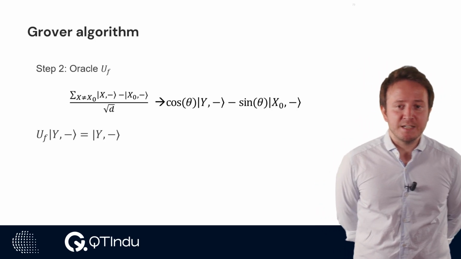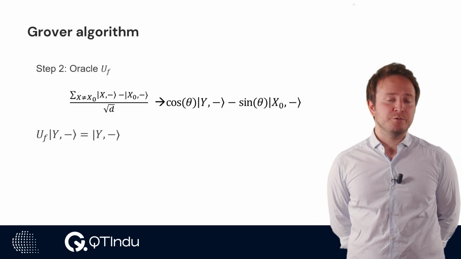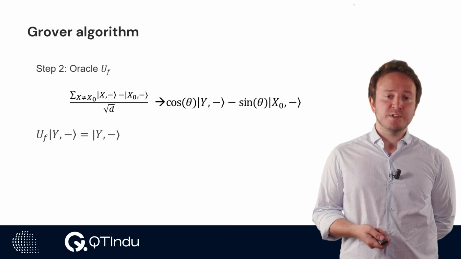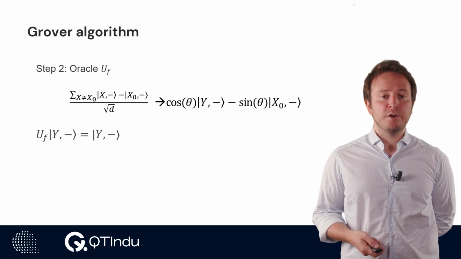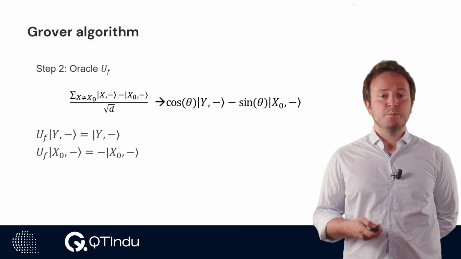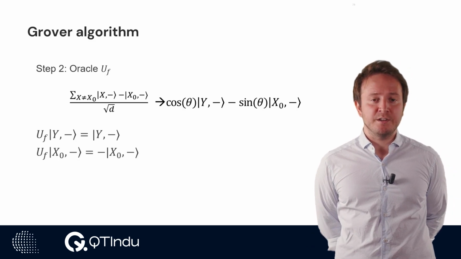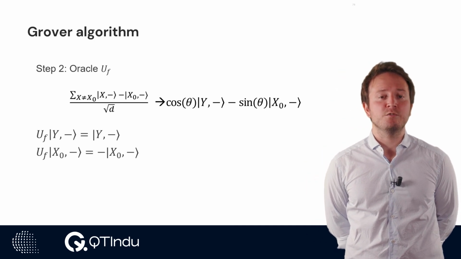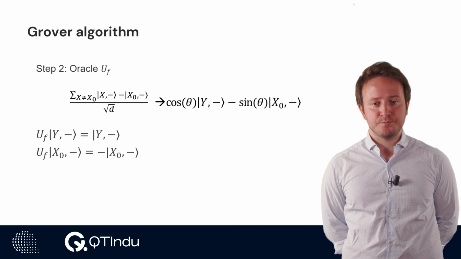To be more precise, this can be understood because the unitary oracle u of f does nothing on the unwanted string, but does flip the sign of the phase of the wanted string x of 0.